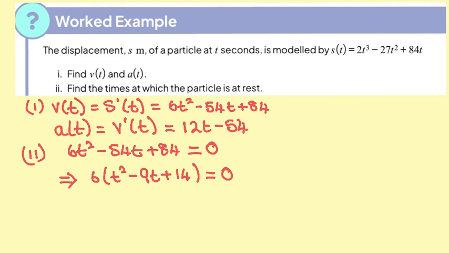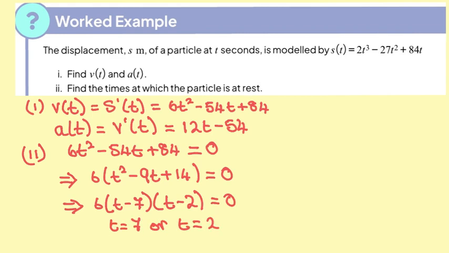Therefore, if we factorize 6 out of the equation, we get 6 brackets t squared minus 9t plus 14 equals 0. Therefore, we get 6 brackets t minus 7 brackets t minus 2 equals 0. Therefore, t equals 7 or t equals 2. That means the particle is at rest twice, at 2 seconds and 7 seconds.